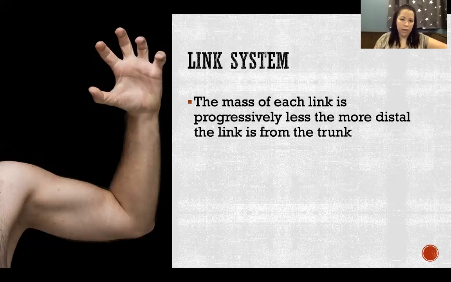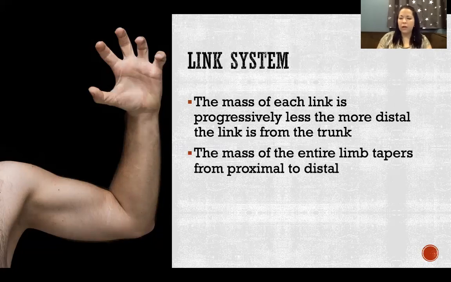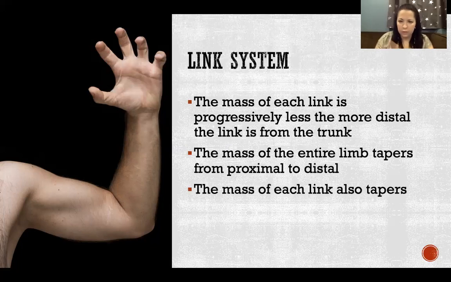So what we're saying is the hand is smaller than the forearm, which is smaller than the upper arm, which is smaller than the chest. So the further we get from the trunk, the smaller the segment. The mass of the entire limb tapers from proximal to distal because it gets smaller and smaller. And the mass of each link individually tapers as we go from proximal to distal.